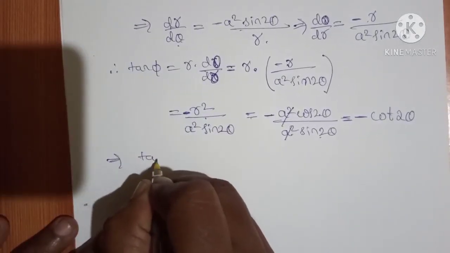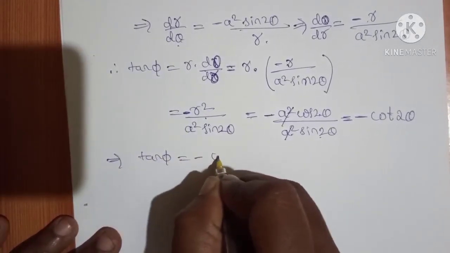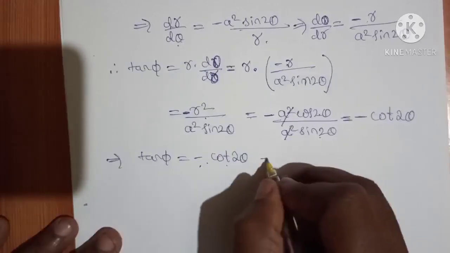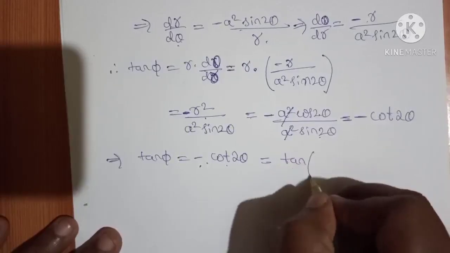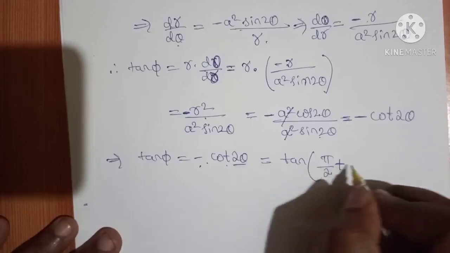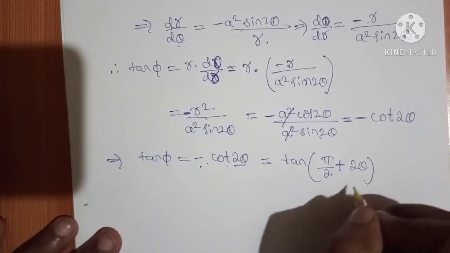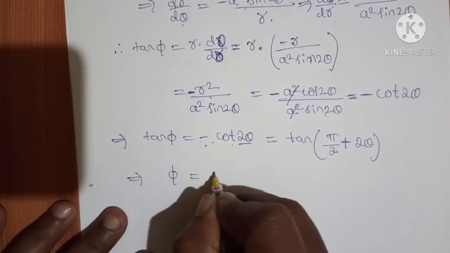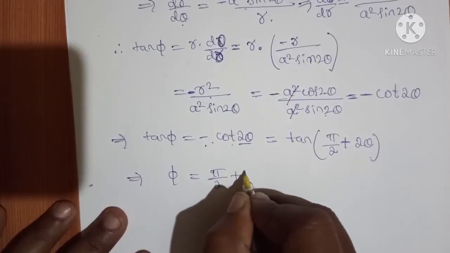So tan phi is equal to minus cot 2 theta, but minus cot 2 theta can be written as tan of pi by 2 plus theta. In the place of theta we have 2 theta, so it is pi by 2 plus 2 theta.